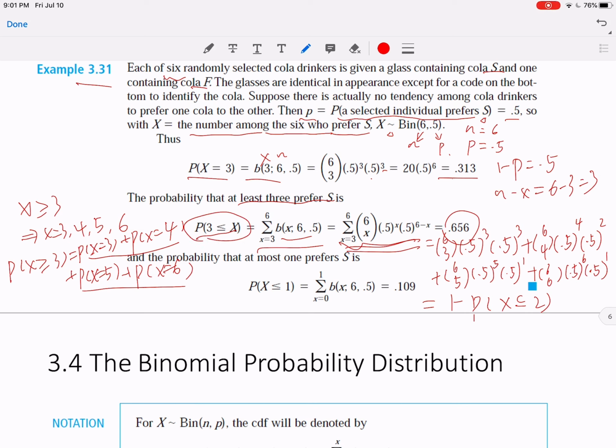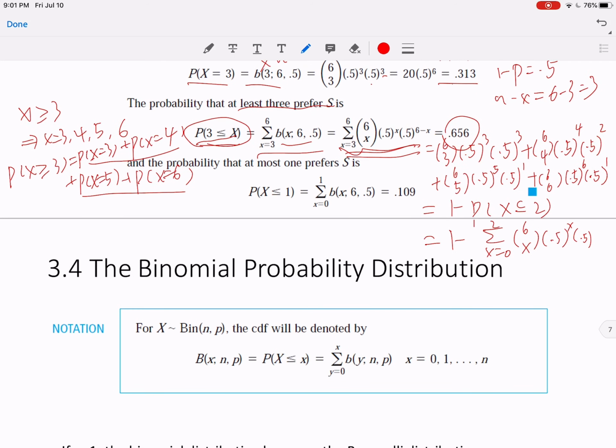The probability x is greater than or equal to 3 is equal to 1 minus the probability of x less than or equal to 2. So of course this is equal to 1 minus the summation from x equal to 0 to 2 of 6 choose x, and then 0.5 to the power of x, and then 0.5 to the power of 6 minus x.